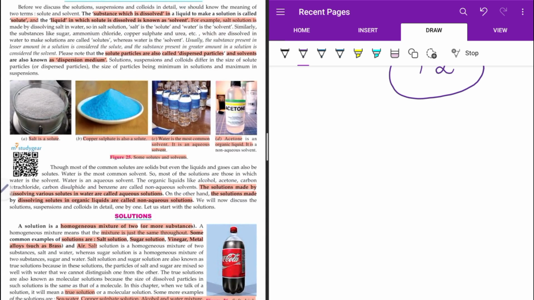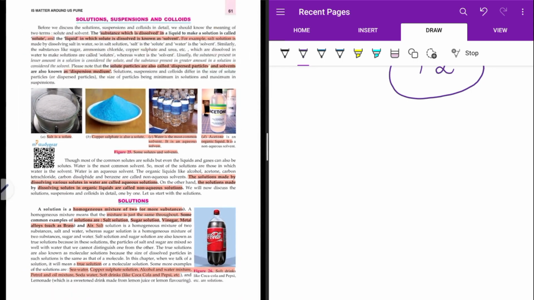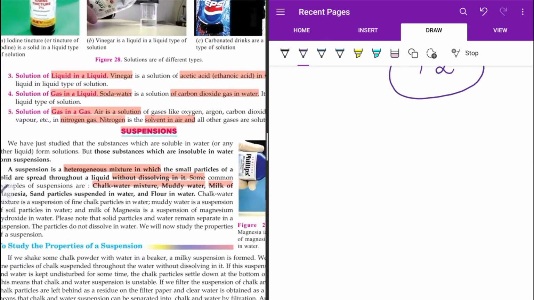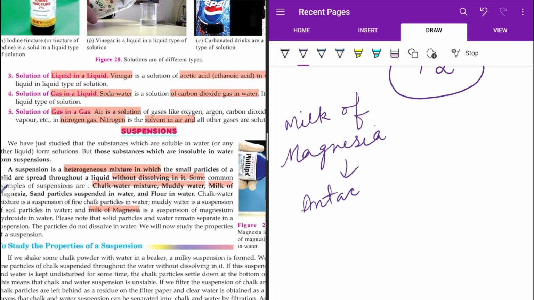Milk of magnesia is an antacid. You should keep these things in mind for class 10 also. This is an example of a suspension.